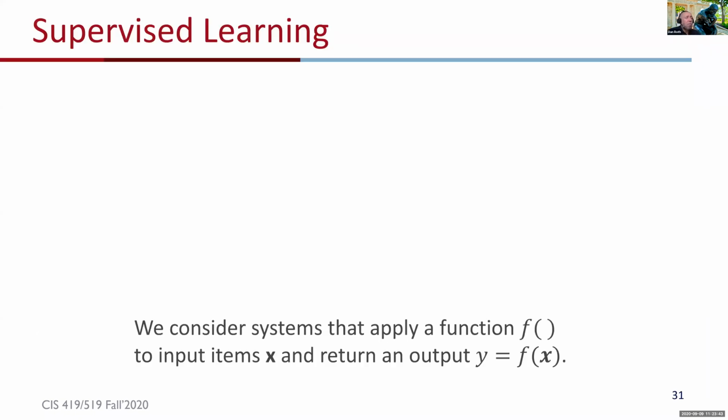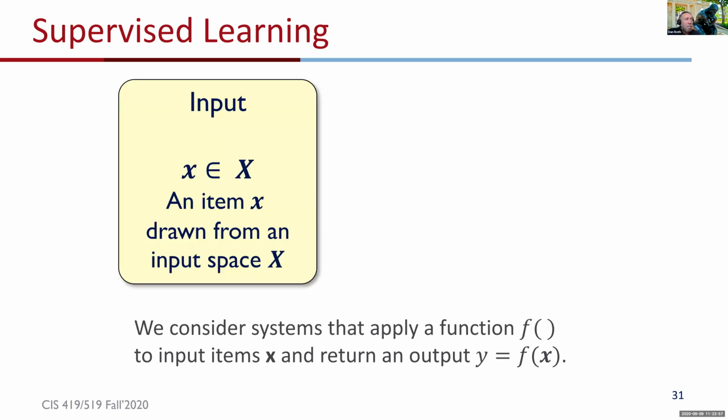So let's move on to defining supervised learning. We consider systems here that apply a function f to input x and return an output y. We have an input space, which we're going to denote capital X, and elements in it are going to be lowercase x's.